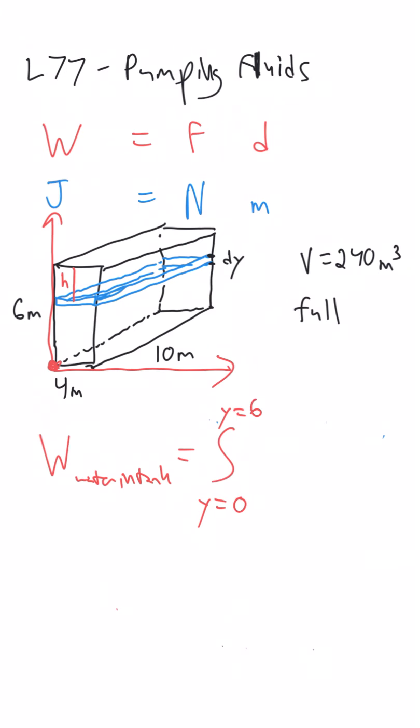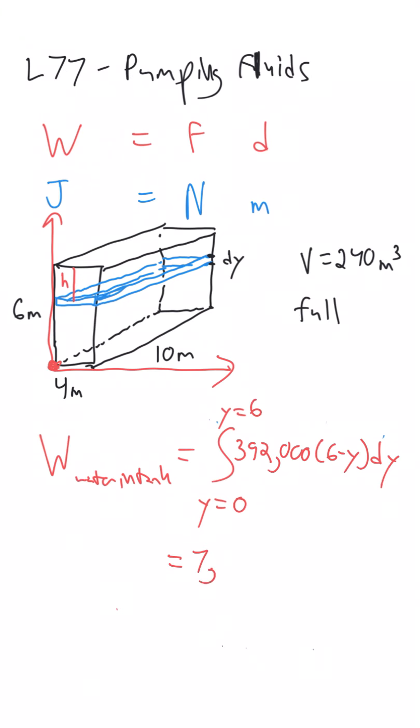We have to calculate the work required to get each one of those sheets out. And then what do we say that the work for a particular sheet was? We have 392,000 times (6 minus y) dy. That's what we had gotten, and I just arranged it so that the dy was at the end and it was a normal integral. Now you just use the first part of the fundamental theorem to evaluate this integral, which is no problem.